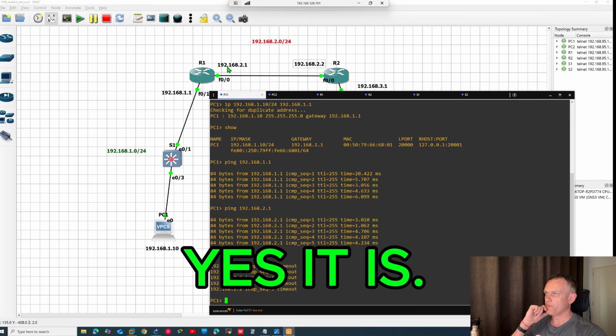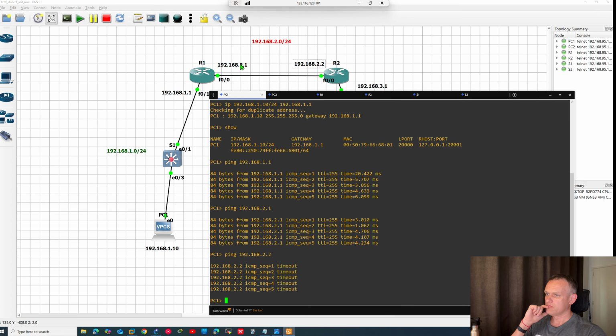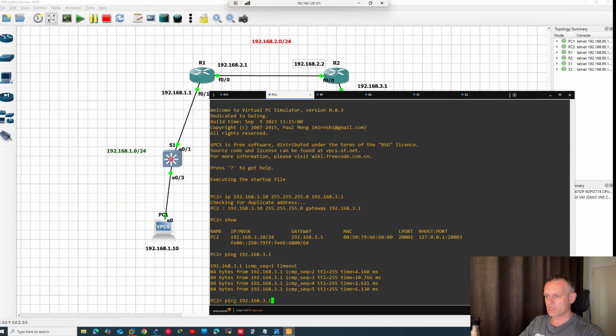Should know about this one. But actually we don't have to specify this network for this router to ping this IP address. Okay, let's check. PC2 the same. 3.1, we have this connection.